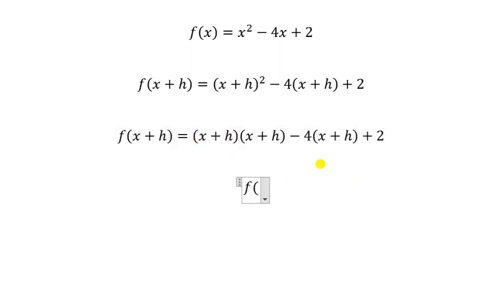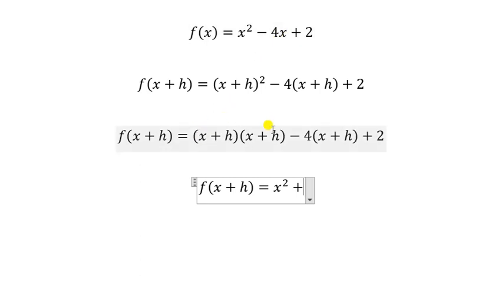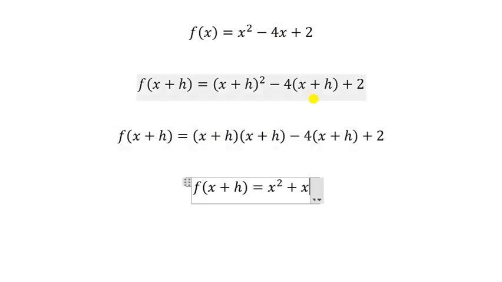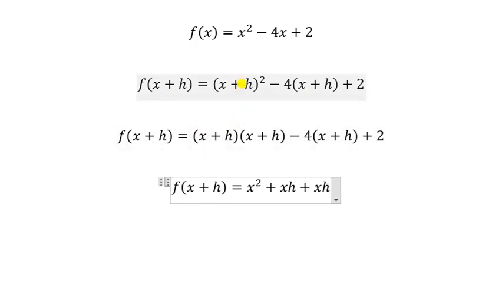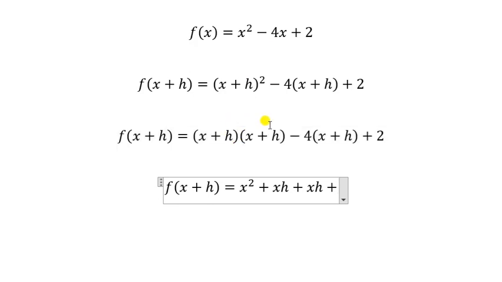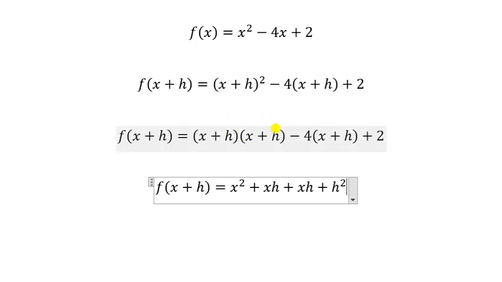So we end up with f of x plus h equals x times x is x squared, plus x times h is xh, plus h times x is xh as well, plus h times h is h squared.